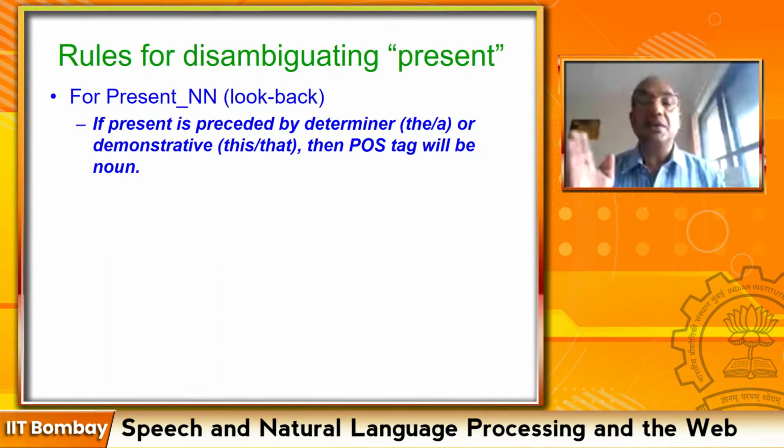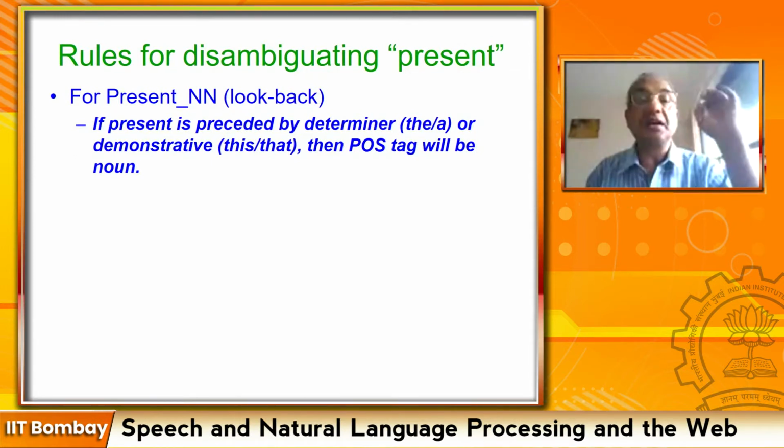That means it will not miss any instance of present to be a noun when it is actually a noun. And precision means it will not incorrectly tag a noun when it is present in the input.